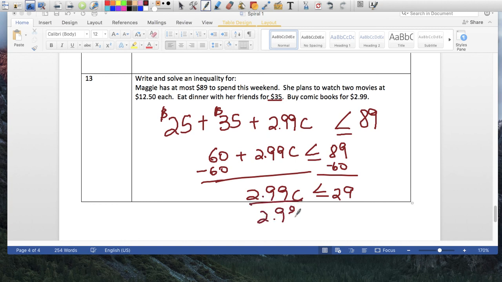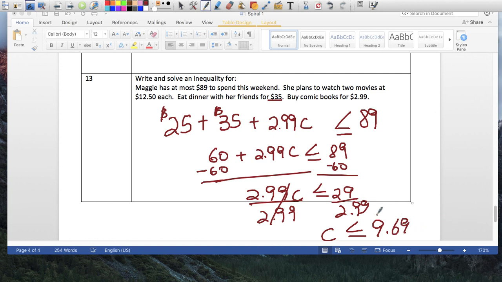And with $29, let's see how many comic books she can buy. Divide this by $2.99 and divide this by $2.99. Cross out, and we get the number of comic books that she can buy. So it's going to be 29 divided by 2.99, which is 9.698, and so on.